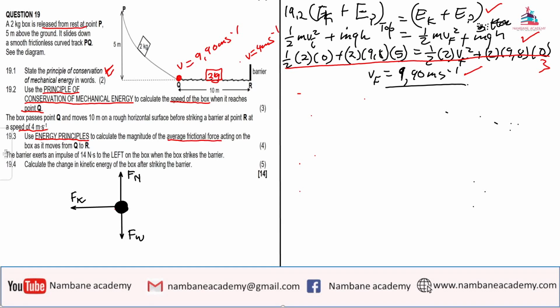So I can easily say now, when I want to use 19.3, work net is equal to change in EK. What is work net? Work net is actually work done by friction, because that is the only force that is acting on the object.